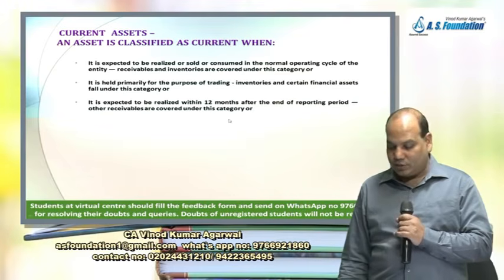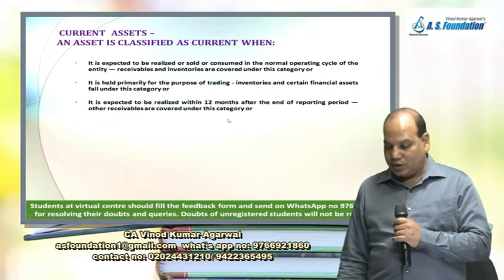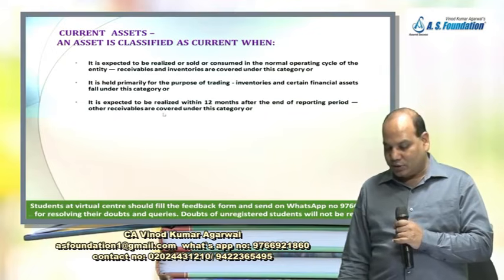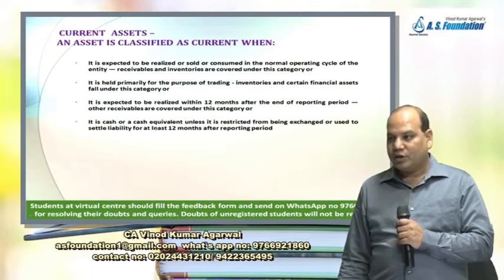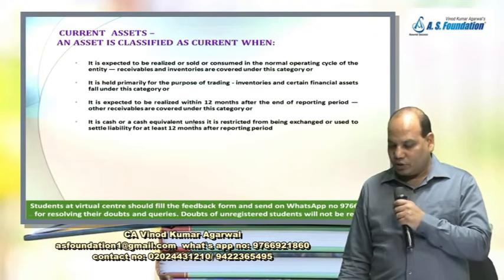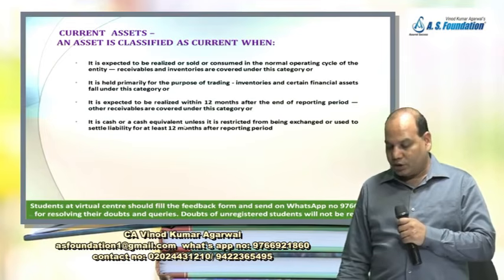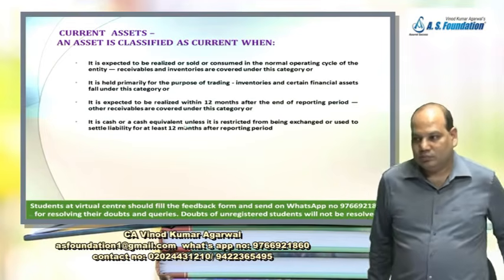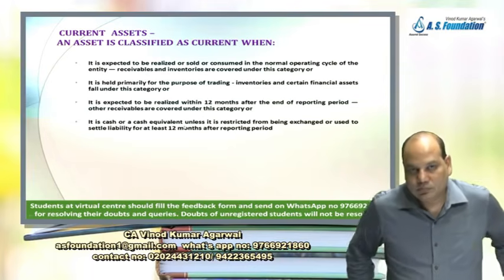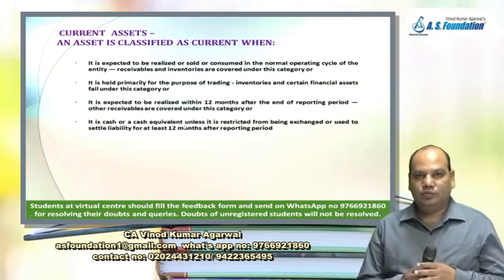If it is realizable, then it is a current asset. Example, receivables. And fourth, it is cash and cash equivalent. Cash and cash equivalent we will discuss in IAS 7, Statement of Cash Flows.